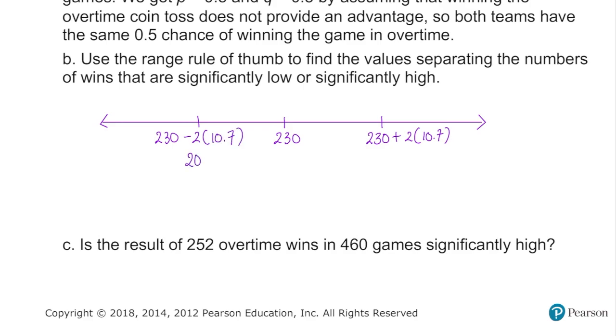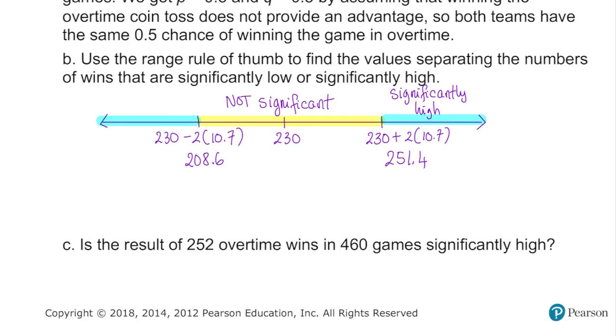I have 208.6 and 251.4. Everything between 208.6 and 251.4 is not significant. Any values that are higher than 251.4 are significantly high. Any values that are less than 208.6 are significantly low.